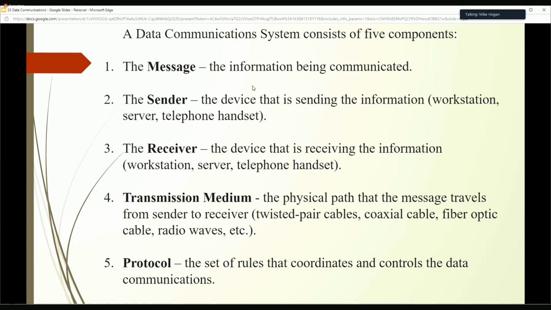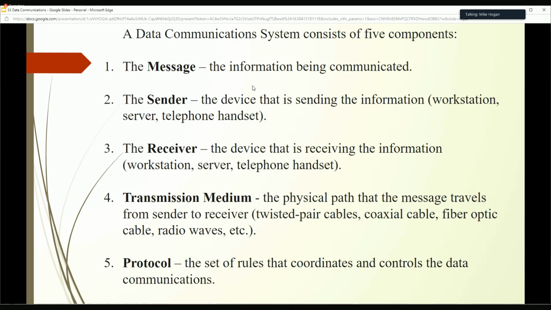I mean, you can think about those 5 elements. They ring true, whether it's networking, or, like I said, a conversation between 2 people face to face, and you got a message, you got a receiver, a sender, you got airwaves, and then you got a protocol.